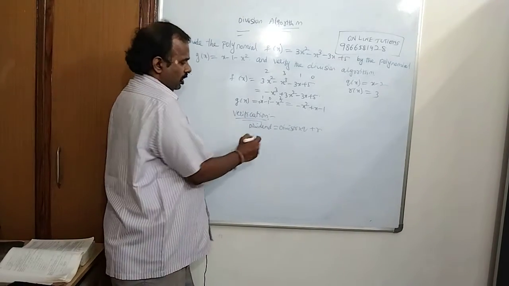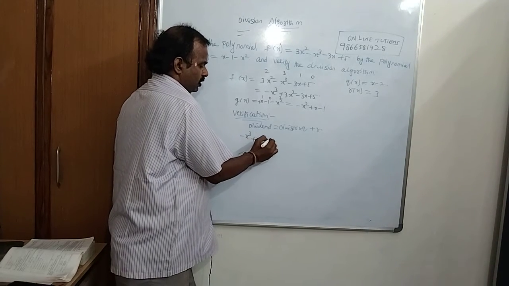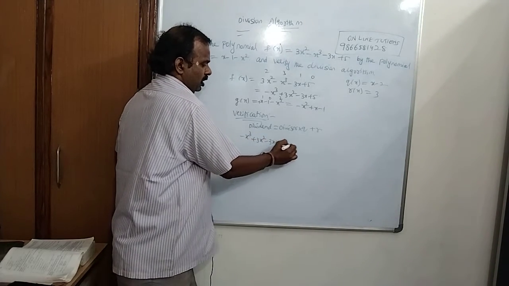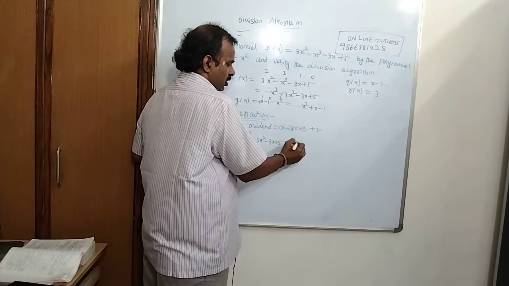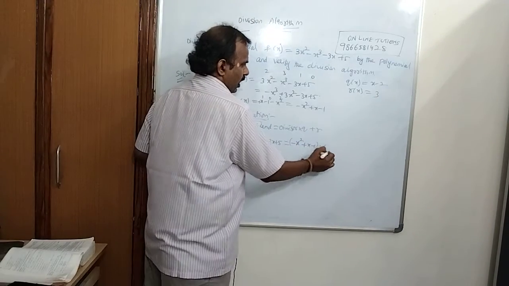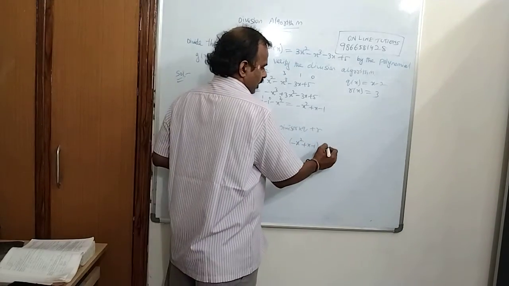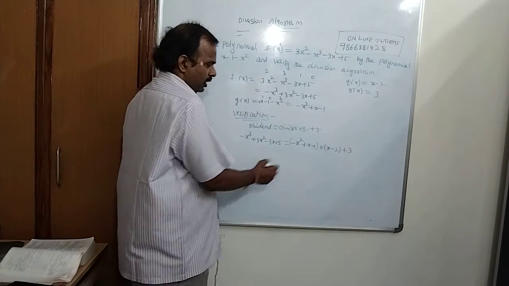Now dividend is what here? Minus x cube plus 3x square minus 3x plus 5. Now divisor is g of x, minus x square plus x minus 1, into q of x, x minus 2, plus r of x, which is 3.